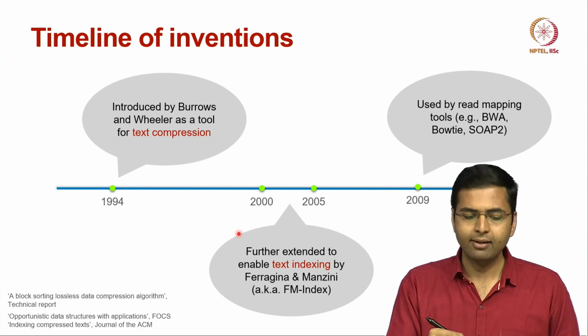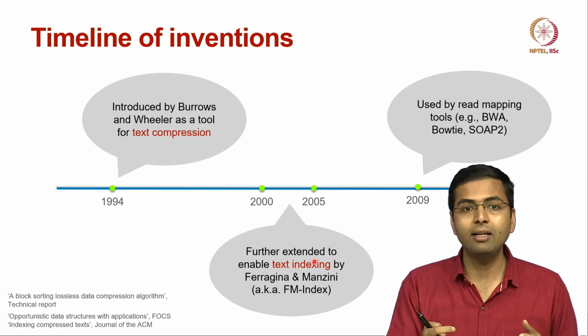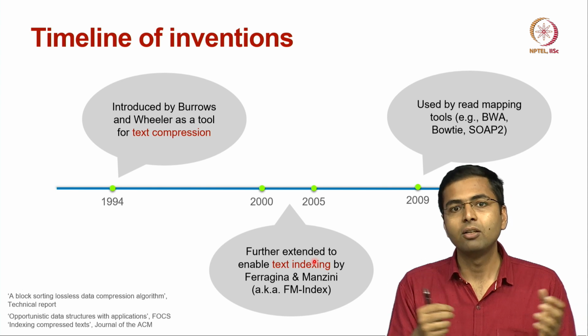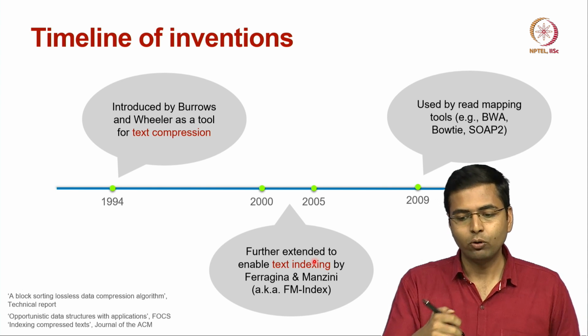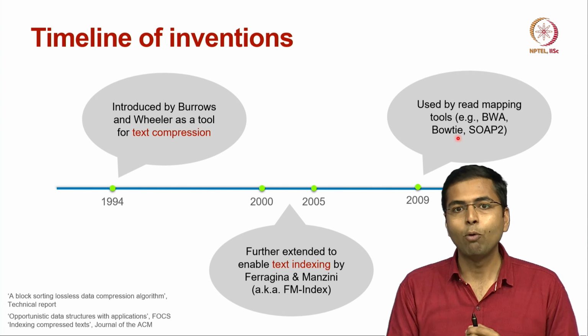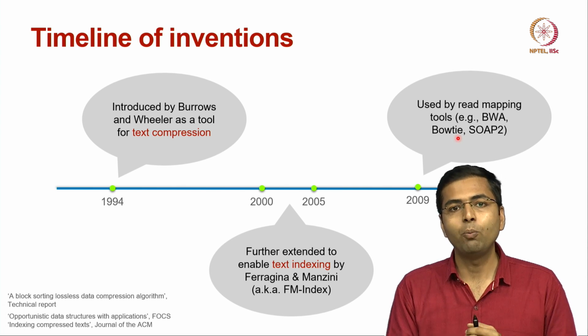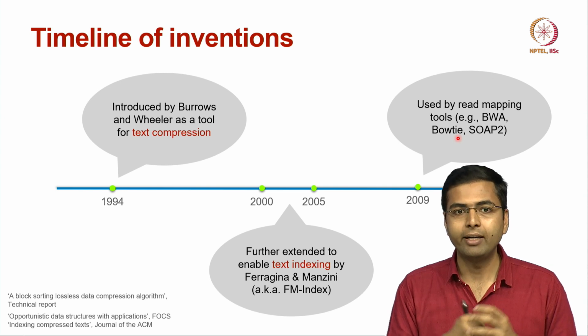A few years later, it was realized that this indexing technique can be very practically useful for genomics applications. So many tools and software such as BWA, Bowtie, SOAP2 adopted this technique, and people benefited from this algorithm on a day-to-day basis.